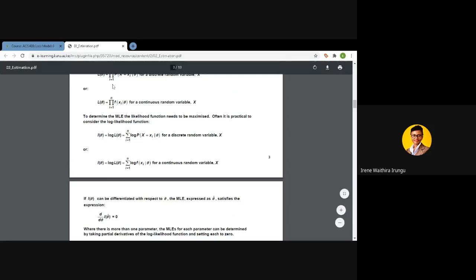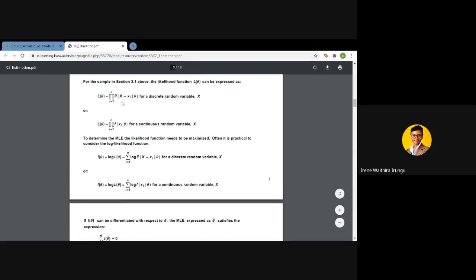When you take the logarithm of a product, that is the same as summing. So you'll be summing the logarithm of the PMF in the discrete case, and the logarithm of the PDF in the continuous case.